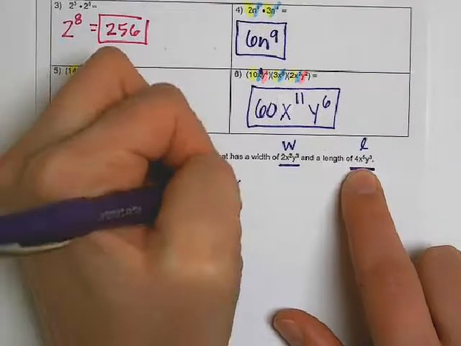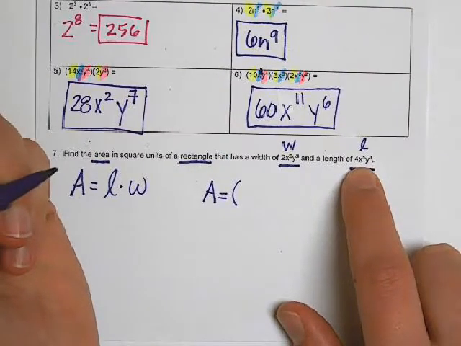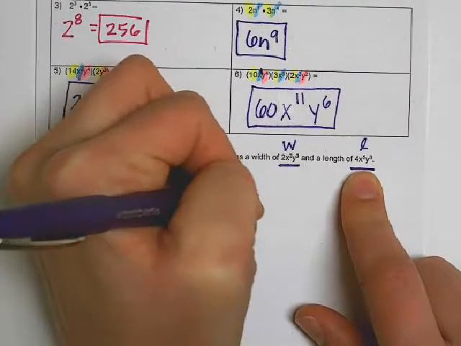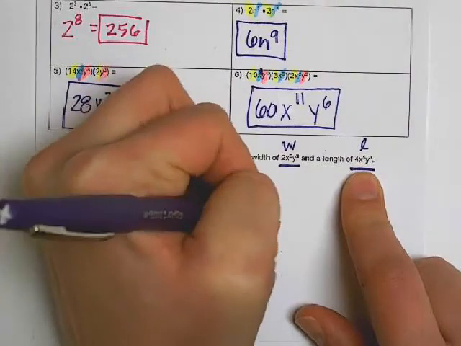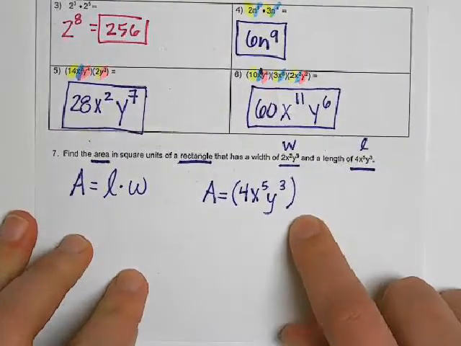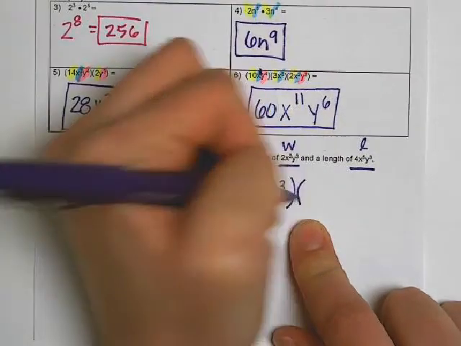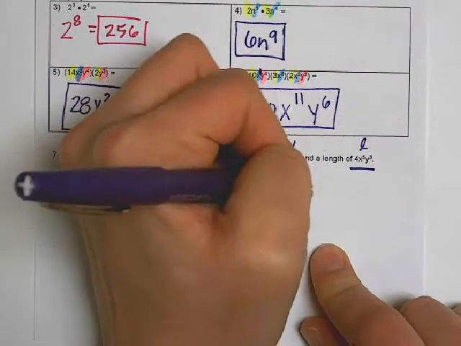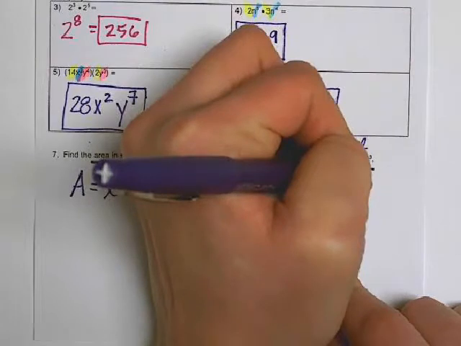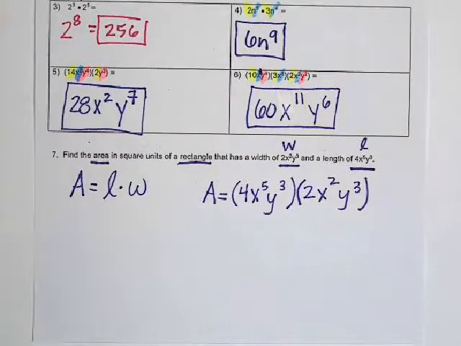So we're going to plug it in. Anytime you plug something in, you got to have parentheses. So write this with me. 4x to the 5th y cubed, parentheses. Then I'm going to plug in the what? The width. 2x squared y cubed. Got it?